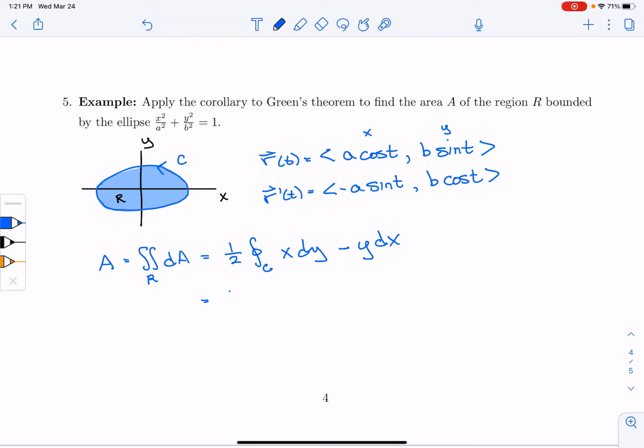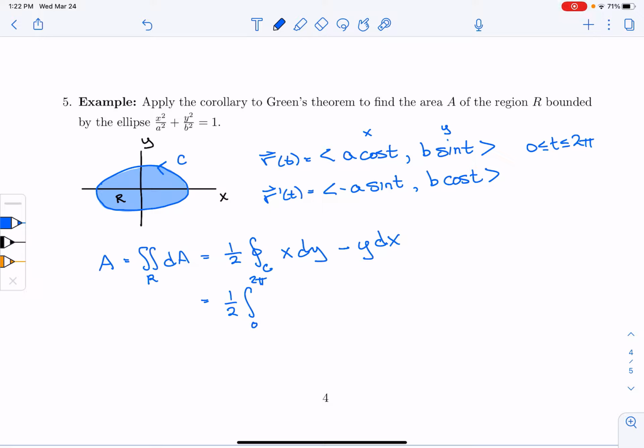I'm going to now do the integral from 0 to 2 pi, because here t is between 0 and 2 pi, to give me the full ellipse.